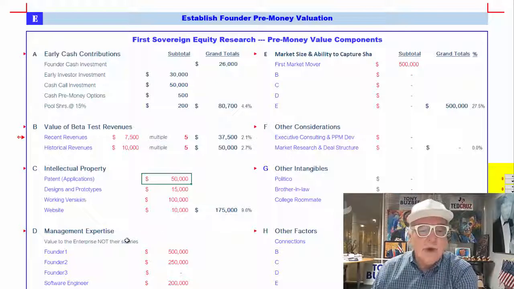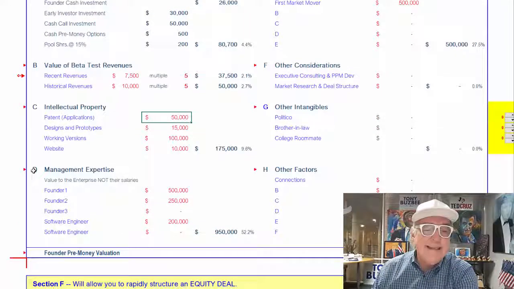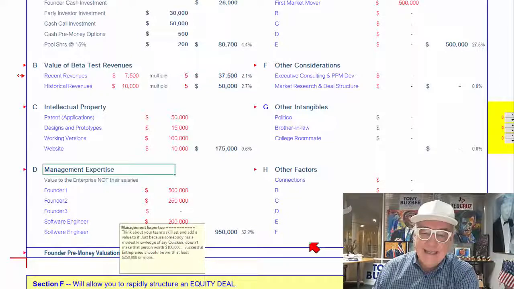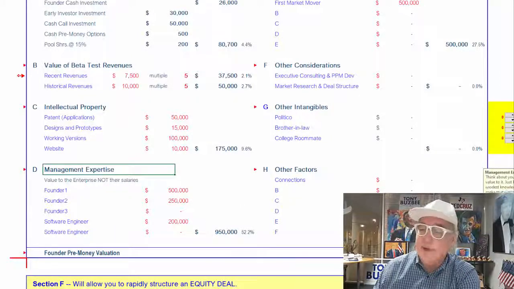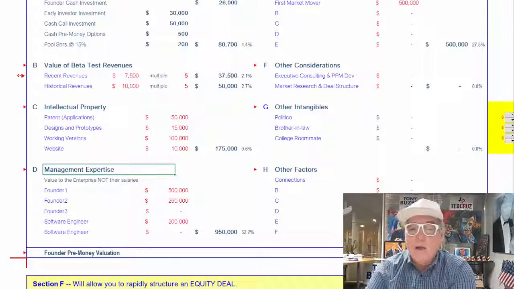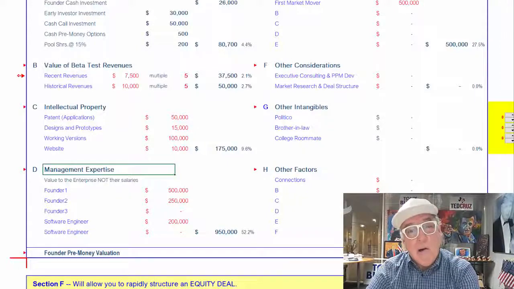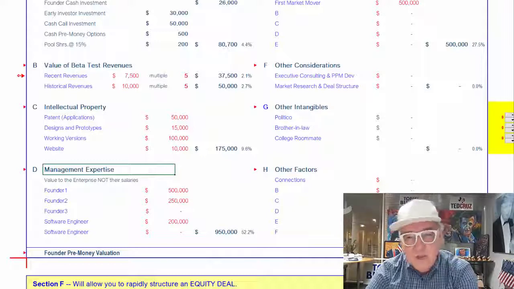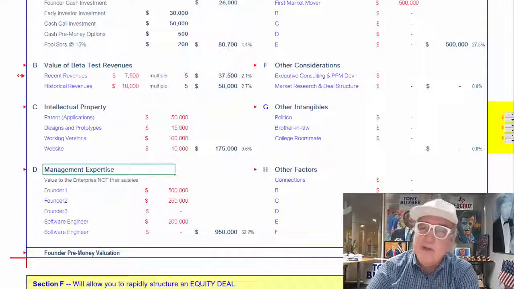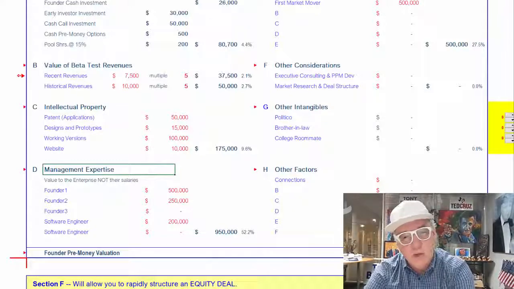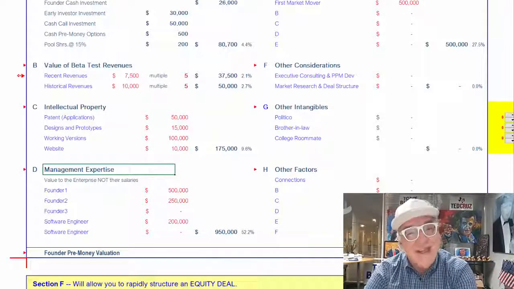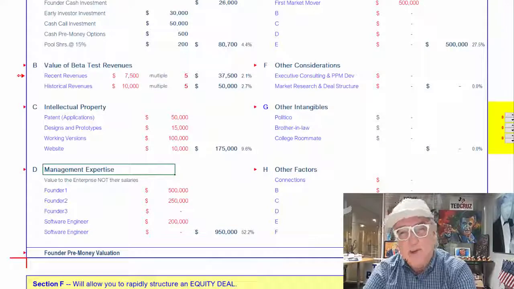All right, so let's go down here to management expertise. Let's move these little guys off to the side. All right. Management expertise. Well, if I had Bill Gates or Larry Ellison on my team, they'd be worth a whole bunch. It's not the salary you pay people, it's what they're worth. How do you gauge that? Well, if a guy's making a couple $100,000 as a serial entrepreneur, has had 2 or 3 exits, he could be worth $3-4 million.